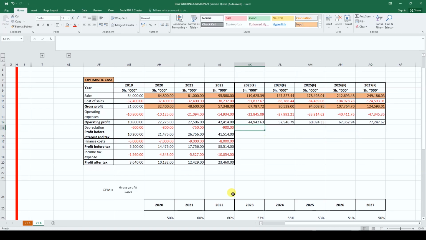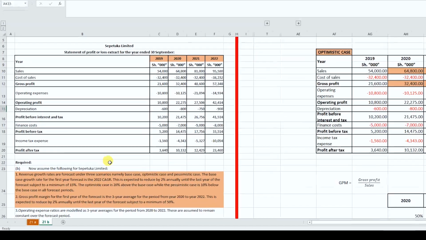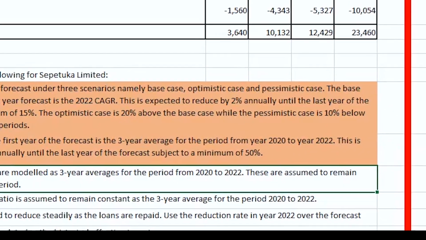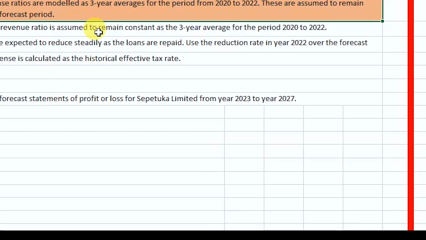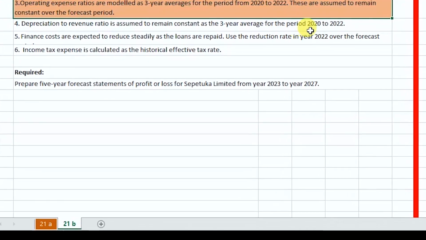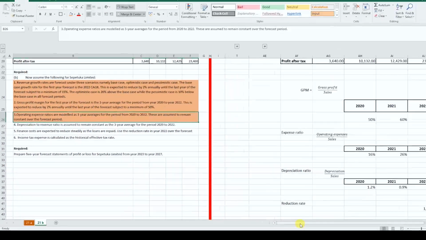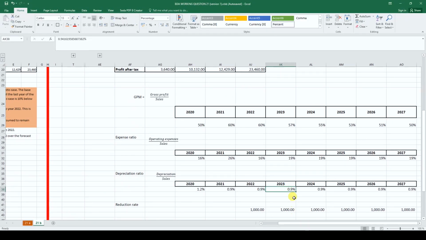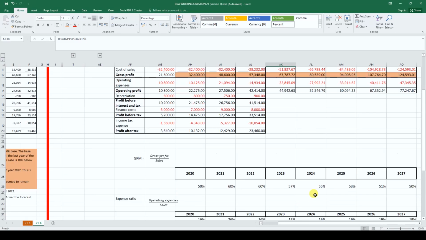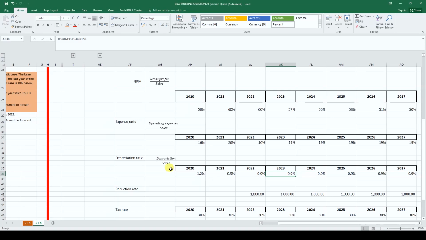Depreciation. We've finished operating expenses, and we've been told the depreciation to revenue ratio is assumed to remain constant over the 3-year average for the period 2020 to 2022. So we should remain here at 0.9%.